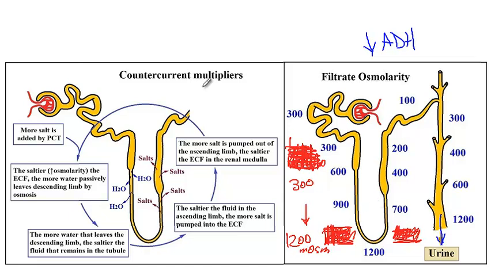So once again, the purpose of the countercurrent multiplier was to increase osmolarity of the medulla. Once that happened, the antidiuretic hormone has the ability to increase water reabsorption by incorporating aquaporins. If we don't want to increase water reabsorption, then we don't secrete antidiuretic hormone.